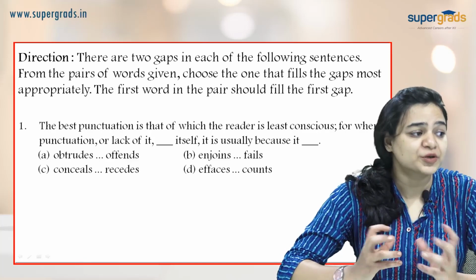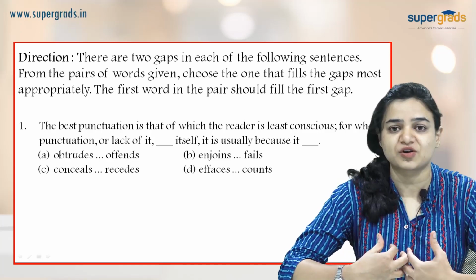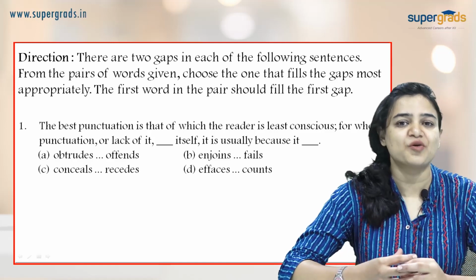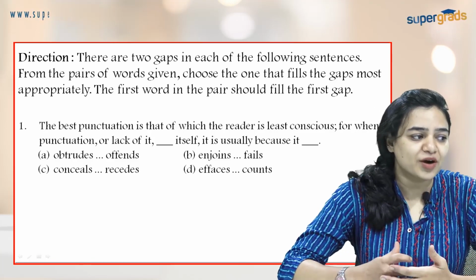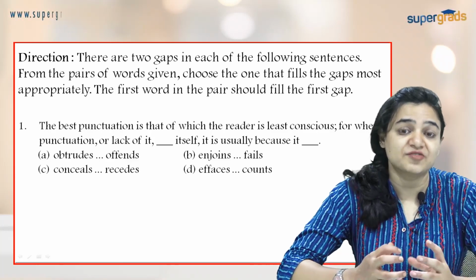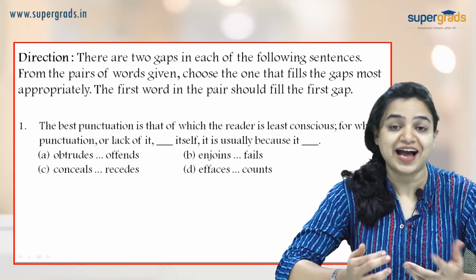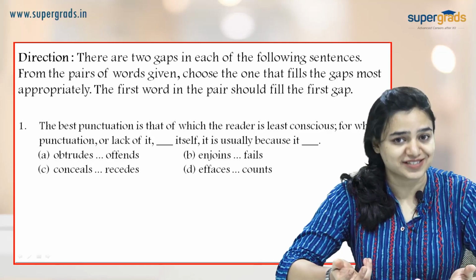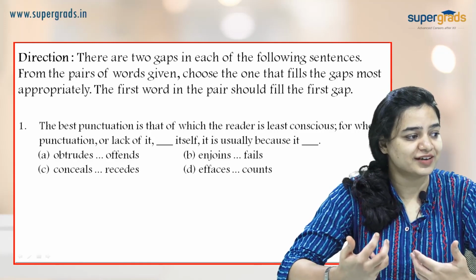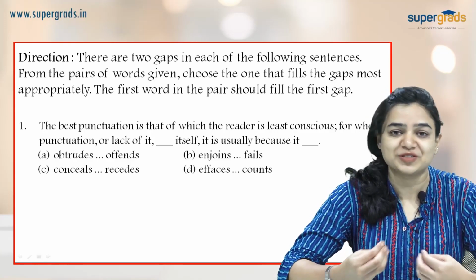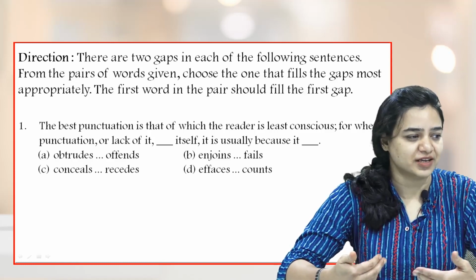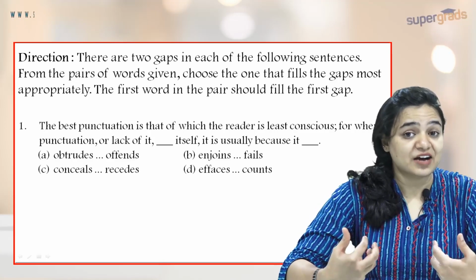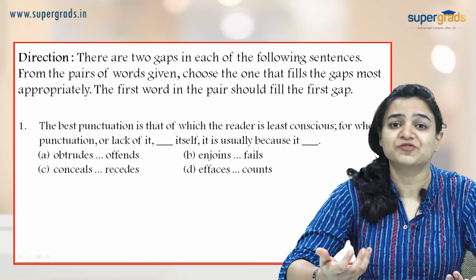Because if it obtrudes itself, which is intrusive, then it is going to offend you and get in the way. No other option matches here. Option C is quite the contrary of what is needed, because you are not talking about the punctuation mark concealing itself. So C goes quite the contrary, and likewise B and D. Of course, to solve this, you should have good word power.